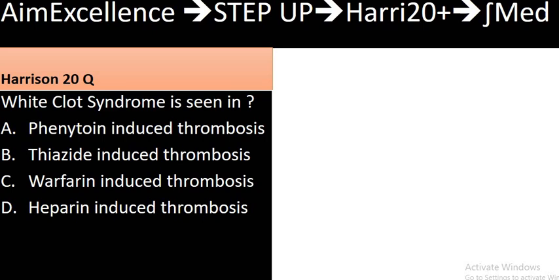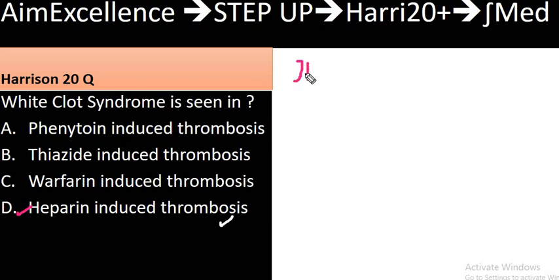White clot syndrome is seen in which of the conditions? You can take your time. 1, 2, 3, 4, 5. The answer is heparin induced thrombocytopenia with thrombosis. I don't know whether you marked it right or wrong, but this is the answer.